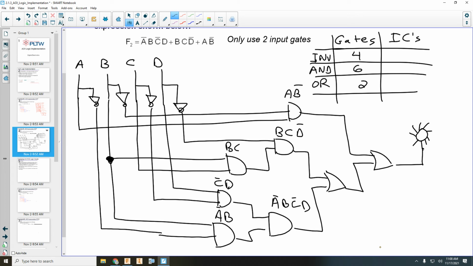So even though this has more gates, it's going to have fewer chips. Okay, this is going to be 1 IC, and there's 4 2-input gates on 1 chip. That's why it's called a quad 2-input, because there's 4 on there. So that's going to take 2 chips, and it's only going to take 1 chip. So in total, this circuit is more efficient. This will only use 4 ICs.